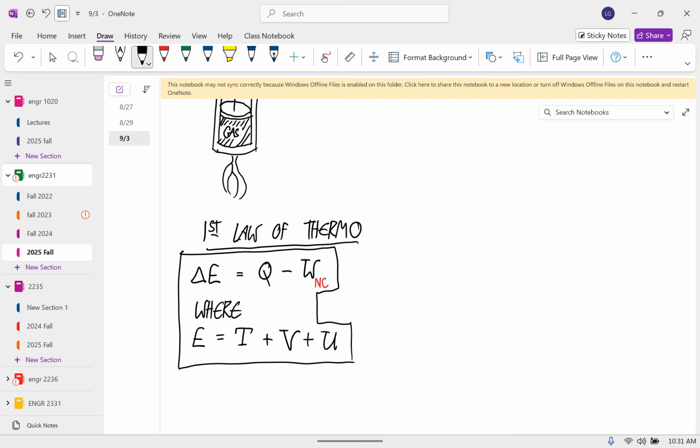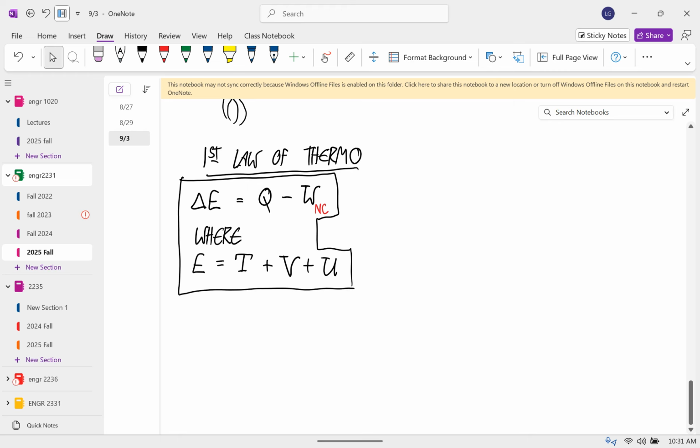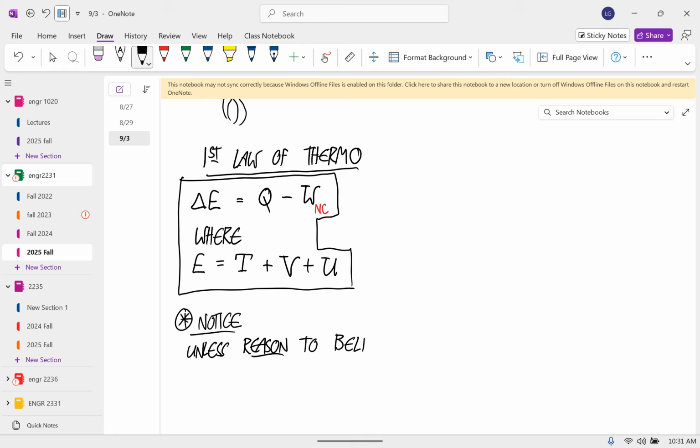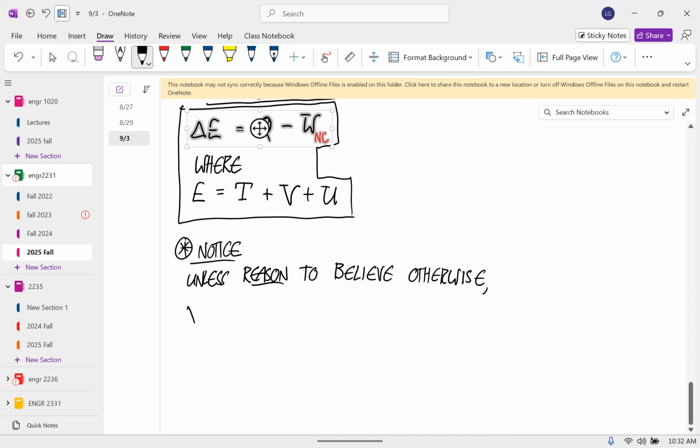Okay, one thing I want you to notice. Unless there is a reason in the wording of the problem to believe otherwise, most of the time we're going to have the change of kinetic energy and the change in potential energy, just treat those like they're zero.